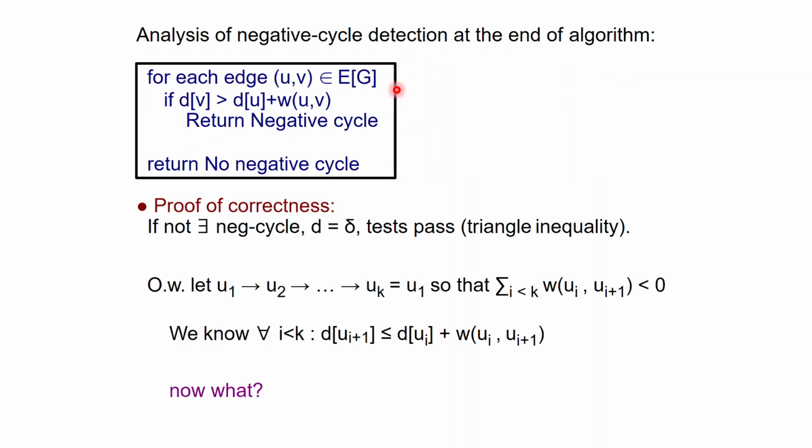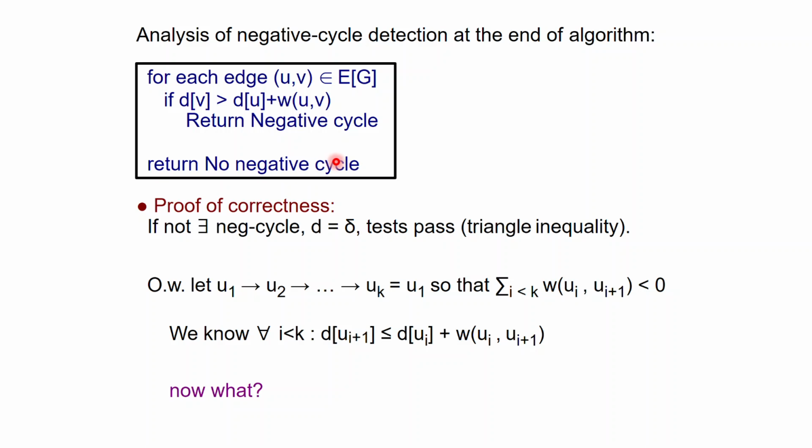We simply go through every edge in the graph, and if the edge is uv, we check if the distance of v is strictly bigger than the distance of u plus the weight of uv. If that's the case, we claim that there is a negative cycle, and if not, we claim that there is no negative cycle. Let us see the proof of correctness of this. Why is this a valid thing to do?